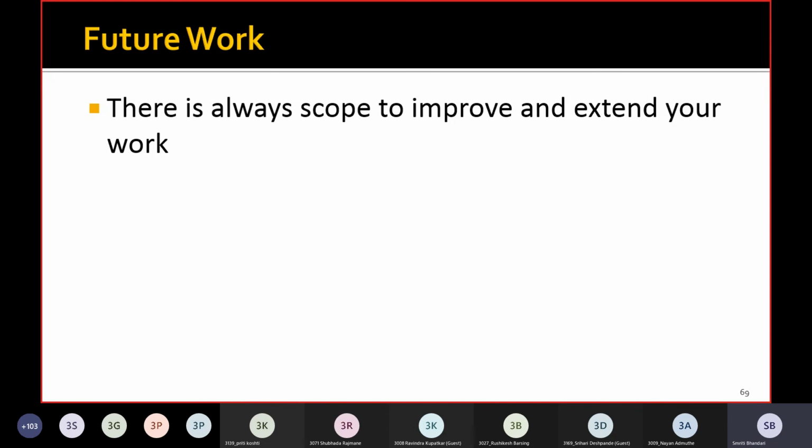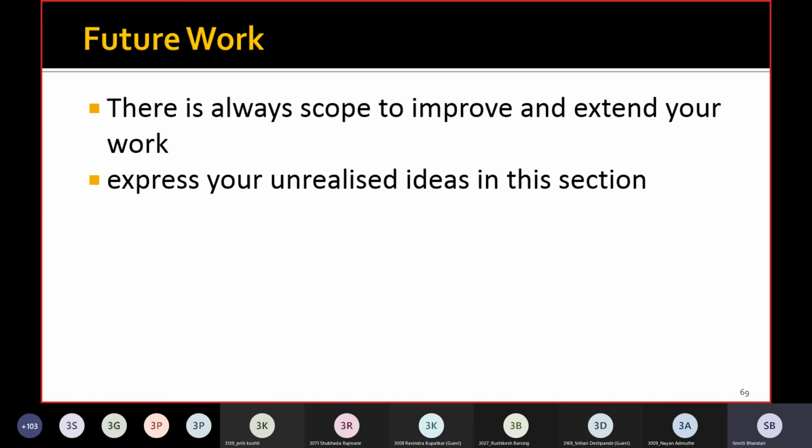In this chapter, you can also include one subsection, and that is the future work. There is always scope to improve and extend your work. There is scope to add new functionalities, to extend the work, to improve the performance, likewise, right? That might be listed as the future work.